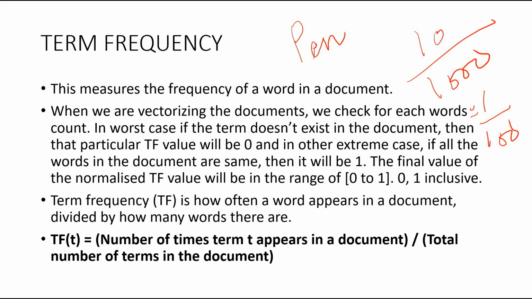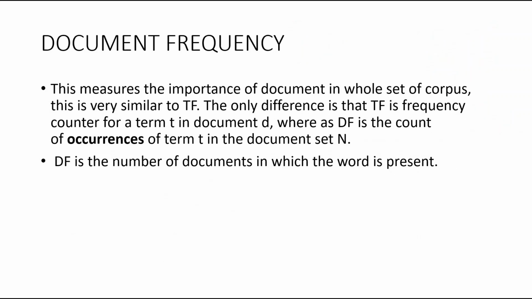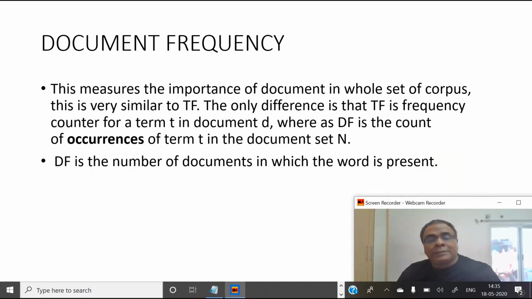This is term frequency. Now I will discuss document frequency. This is rarely used, and I will explain what it is. This measures the importance of a document in the whole corpus. This is very similar to term frequency.